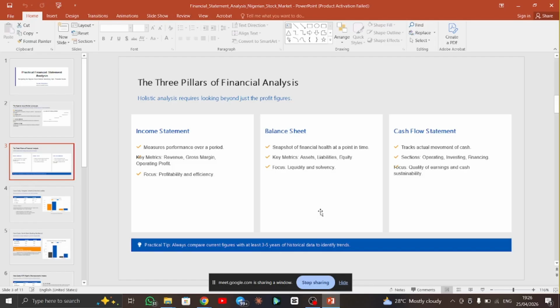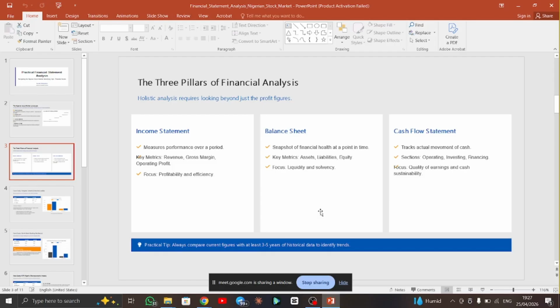This gross margin is the profit from which tax has not been deducted. The operating profit is the amount of money that is left after all the tax and other deductibles have been deducted.